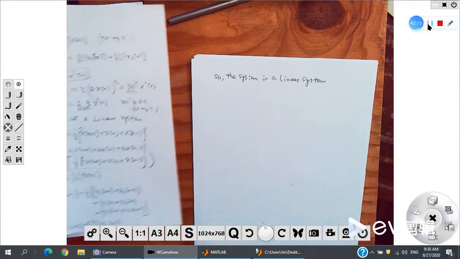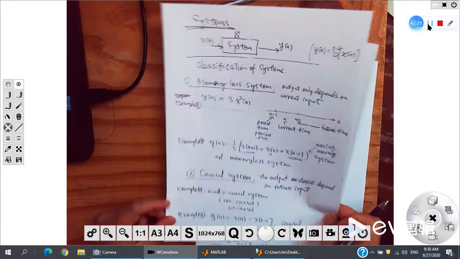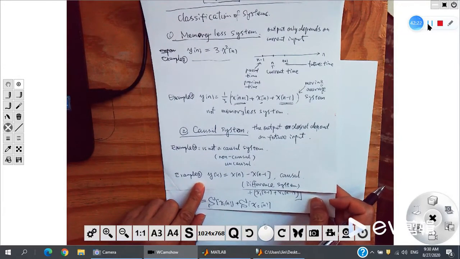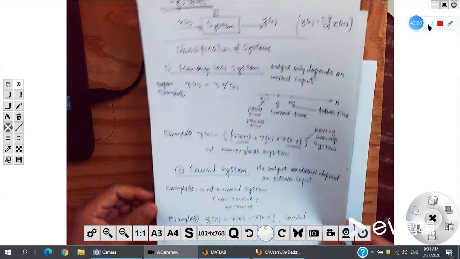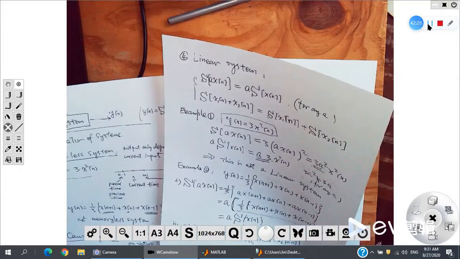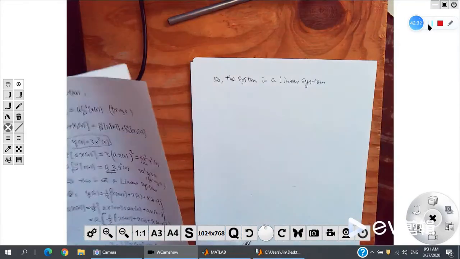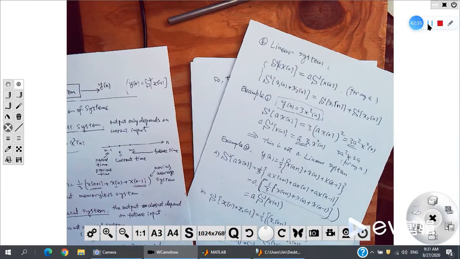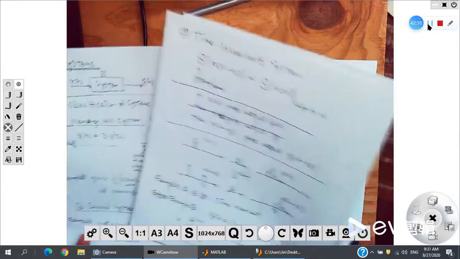And let me see, we have example 3. Actually, example 3 is also linear. You can prove it very similarly to the second one. And example 4. Do I have example 4? I think I have example 4. Where did I put it? Example 4 is here.